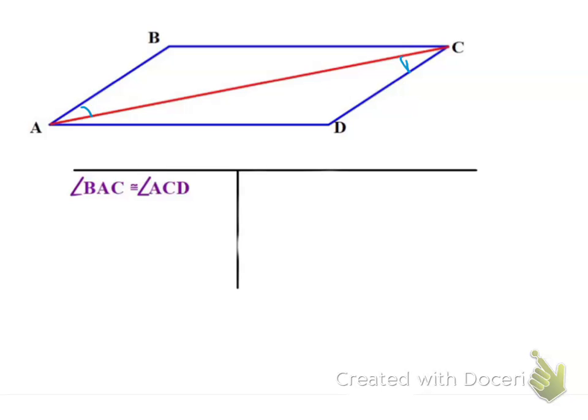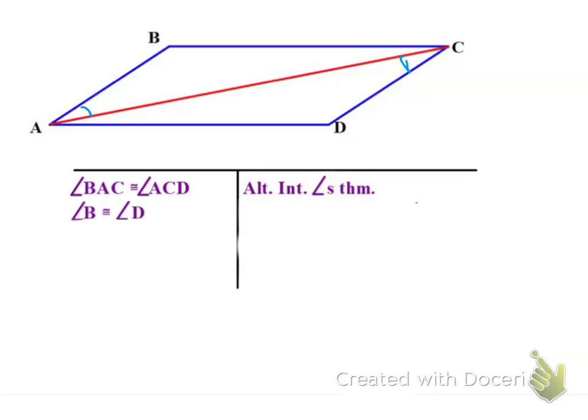Why? I've got parallel lines cut by a transversal, right? I've got this parallel line and that parallel line cut by the transversal that is the diagonal of my parallelogram. Once again, I have alternate interior angles. This alternate interior angles theorem says that these two angles are congruent to each other. What else do I know?